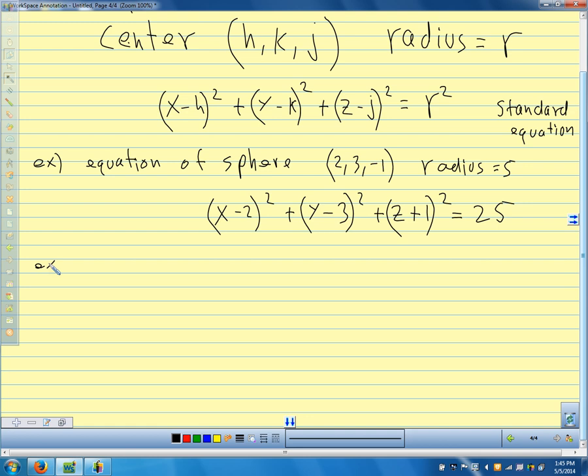All right, let's make it a little more complicated. So we want the standard equation of x squared plus y squared plus z squared minus 2x plus 6y minus 4z minus 2 equals 0.